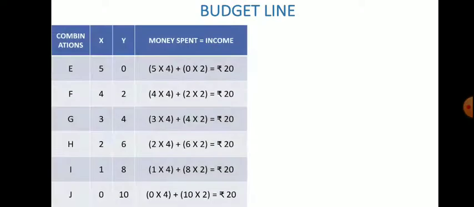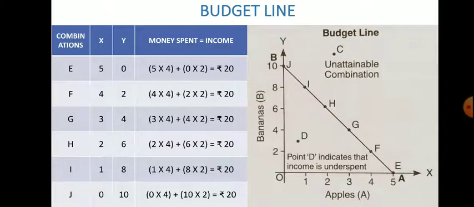Now with the help of this budget schedule, we can draw a budget line. Then I will give you the definition of this budget line. So let's take this budget schedule and plot these combinations on a plane, where we have considered commodity x, here named apple, on the x axis, and commodity y, that is banana, on the y axis.